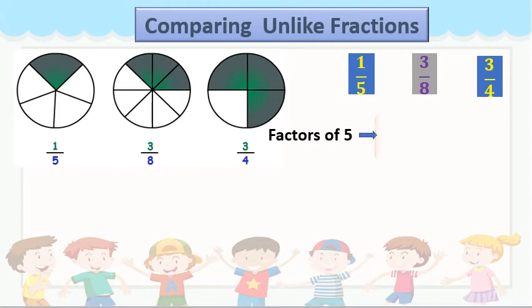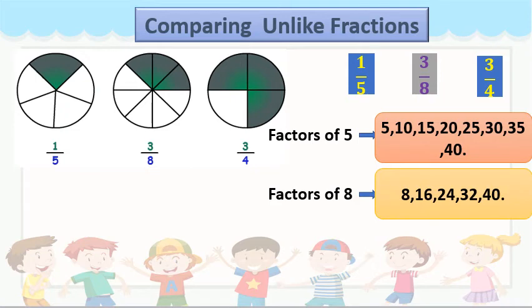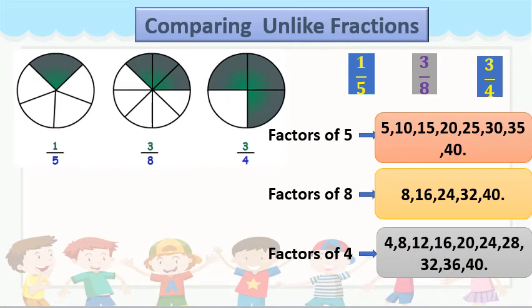See, multiples of 5 are 5, 10, 15, 20, 25, 30, 35, 40. Okay, and multiples of 8, the 8 table we have to write: 8, 16, 24, 32, 40. Okay, and multiples of 4, the 4 table, up to 40, because we need the same number in all three.